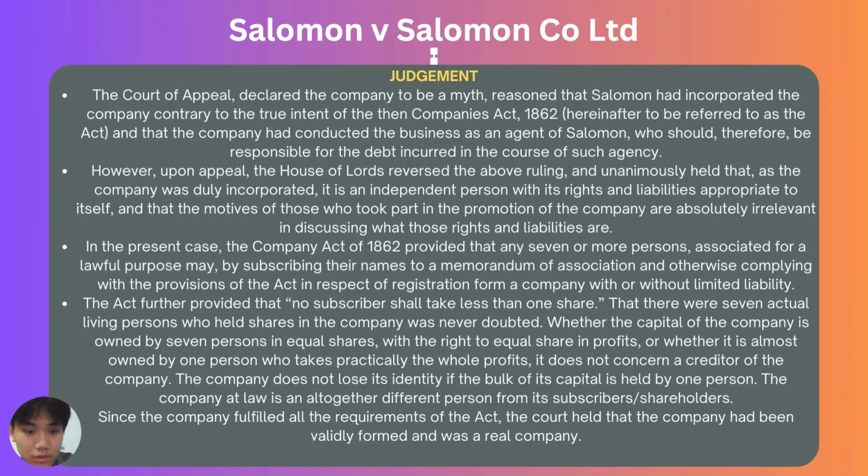The company does not lose its identity if the bulk of its capital is held by one person. The company at law is an altogether different person from its subscribers or shareholders.